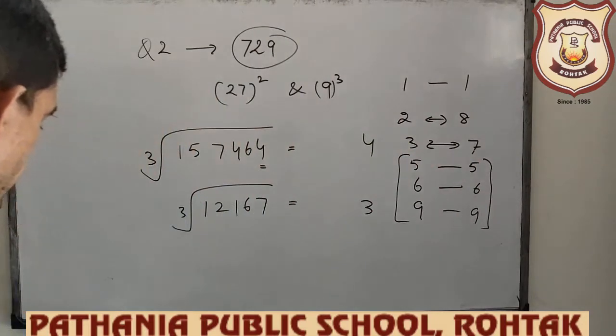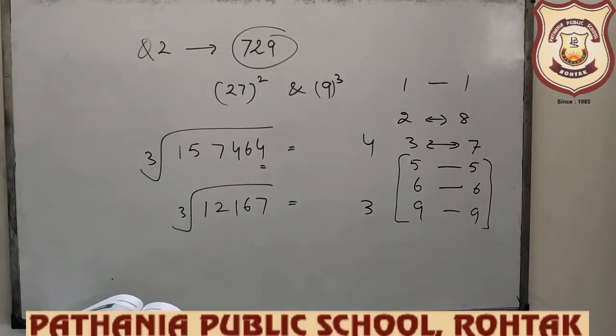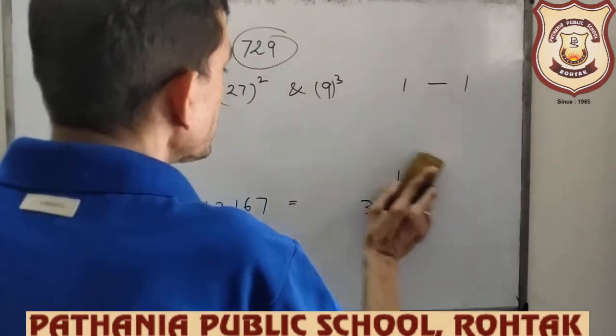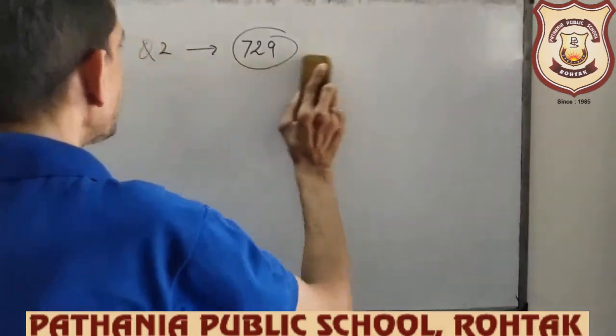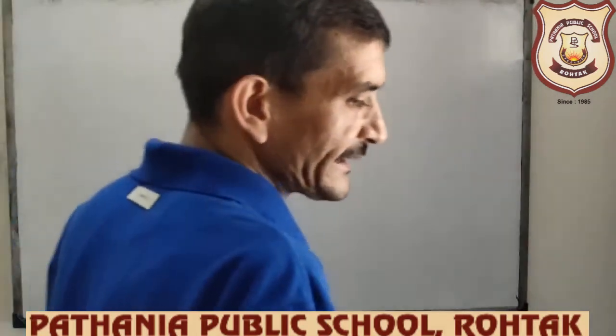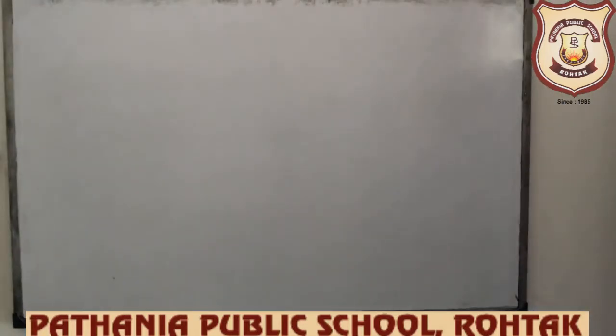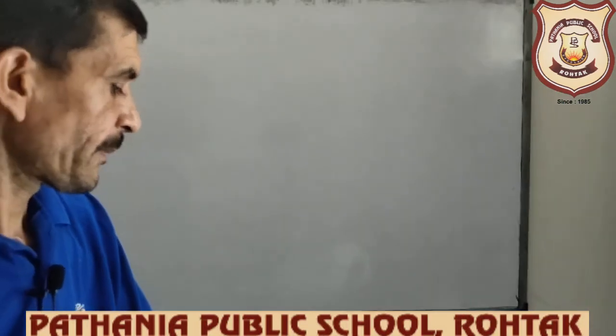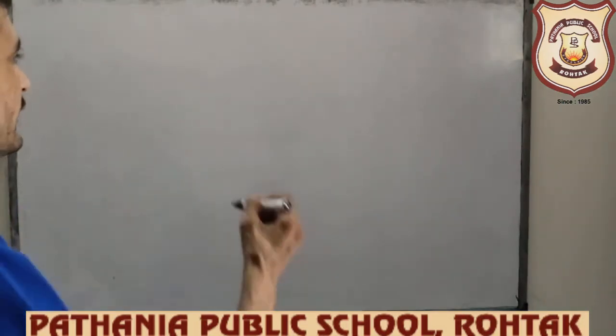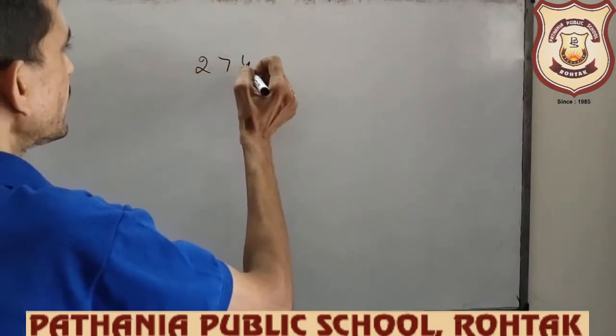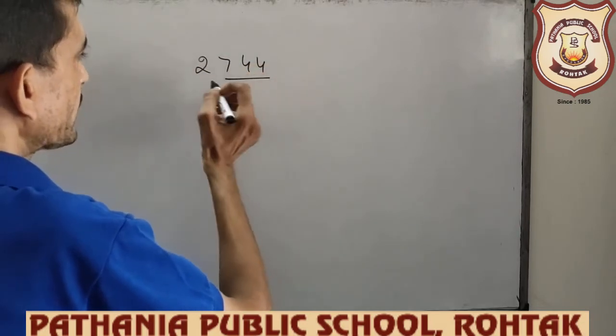Now what is question number 4? 2744 is a perfect cube. Yes, we can solve it by using the prime factors method also. And anyway, 2744, let us change it into groups.